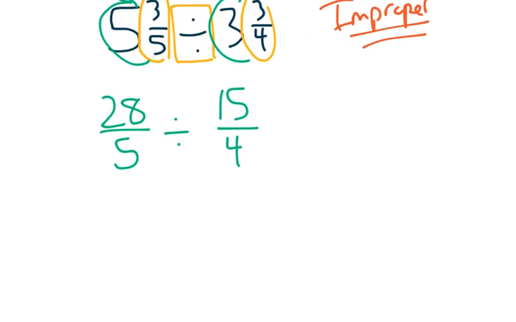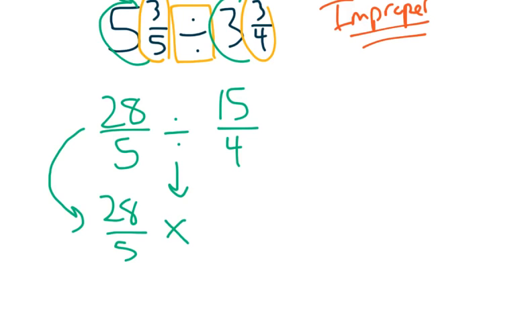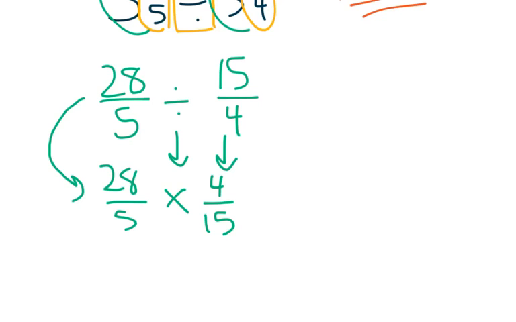So I will keep my first fraction and let that be 28 over 5 still. I'm now going to change my sign from division to multiplication, and I will flip my fraction to 4/15. I want to check to see if I can do any simplifying. Unfortunately, I cannot. So I'm going to have to multiply the numerators together and the denominators together.